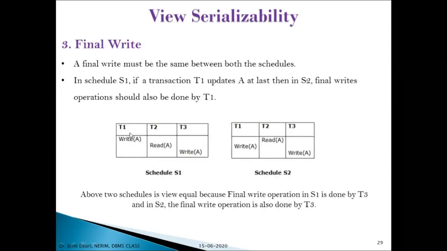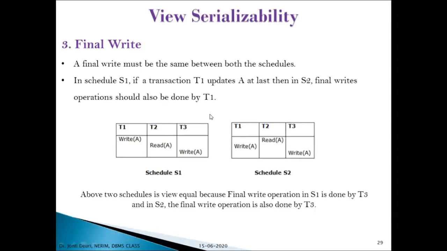Then final write. The final write must be the same in both schedules. If T3 has done the write operation in one schedule, then T3 has to do the final write in the other as well. In schedule S1, if transaction T1 updates A at last, then in S2 the final write must be by T1.